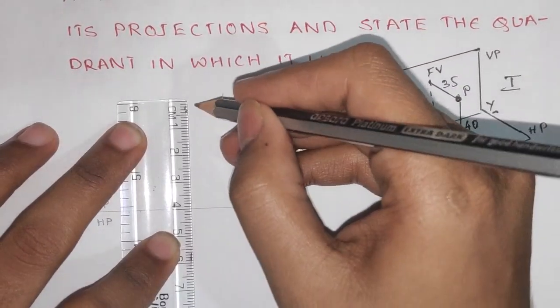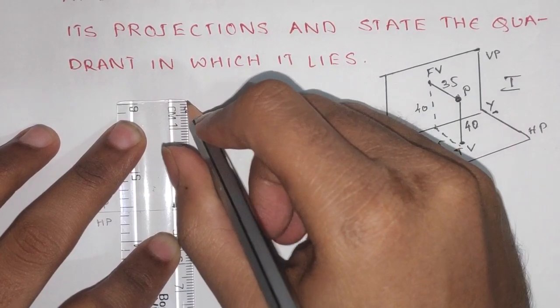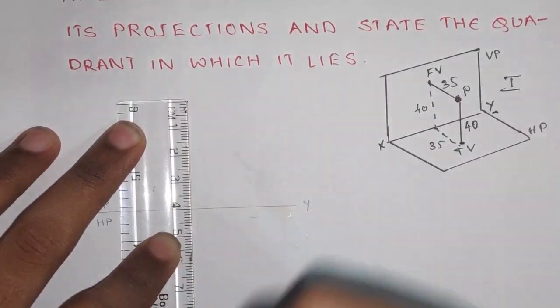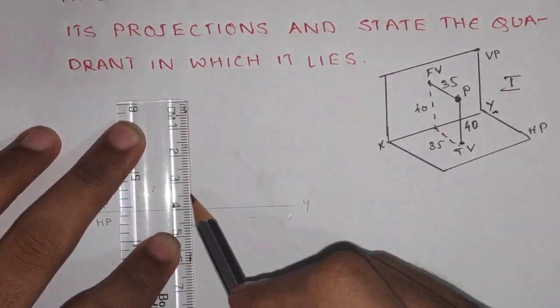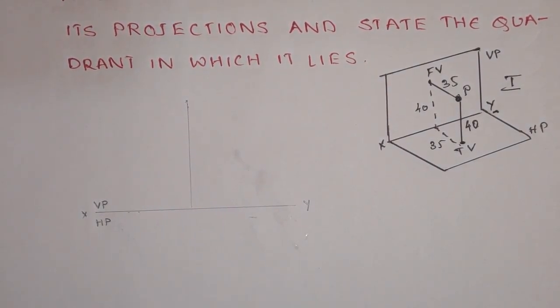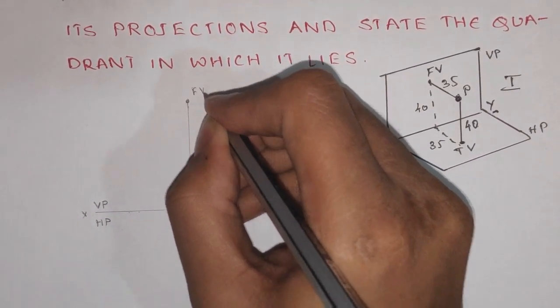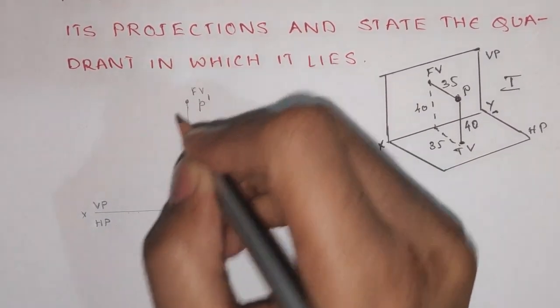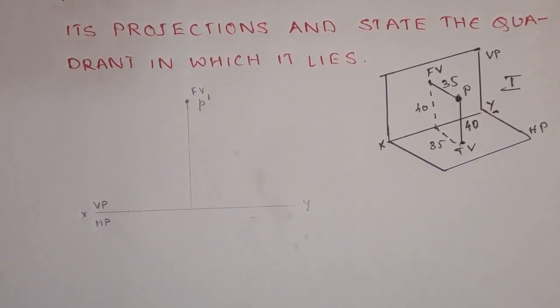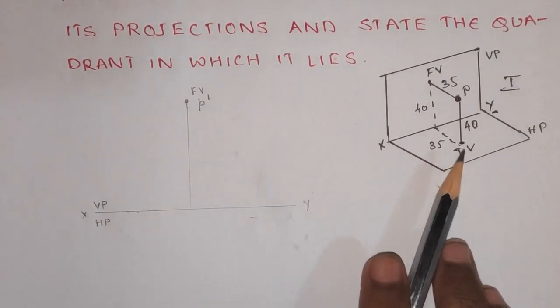From this point to the 0 mm line, I mark a point and I draw a very thin line. This line is a very thin line, that is, I am not applying too much pressure on this line. This will be the front view of the point, denoted with a small letter p and a dash. Now to locate the top view, it is 35 mm below the XY line.